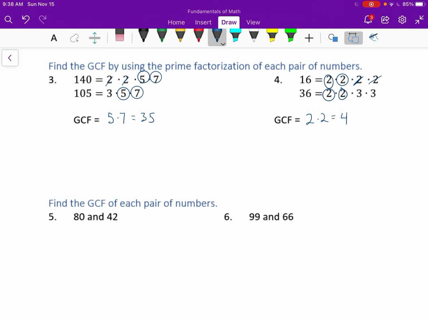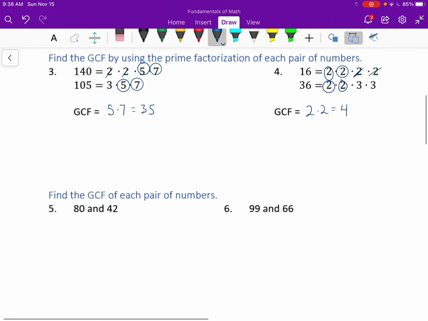And now 5 and 6, we need to find the prime factorization, and then once we do that, we'll do it kind of like 3 and 4. So it's kind of a step more than numbers 3 and 4 because we have to find the prime factorization. So 80 we can think of as 8 times 10. 8 is 4 times 2, and then 4 is 2 times 2, and then 10 is 2 times 5.